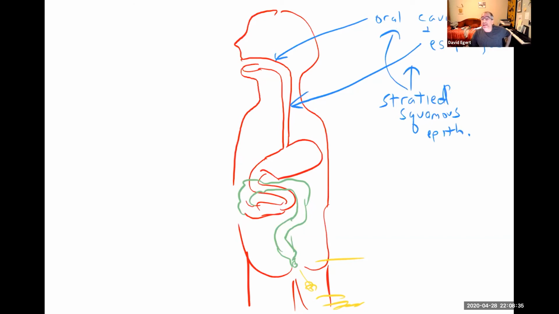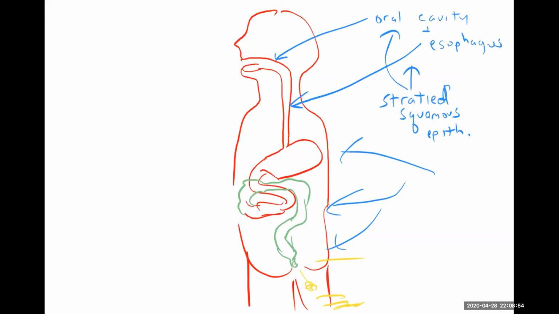So when you're looking at the esophagus, one of the things you're going to notice is that the mucosa is stratified squamous epithelium. How about everything else? What is the mucosa? Say it again.